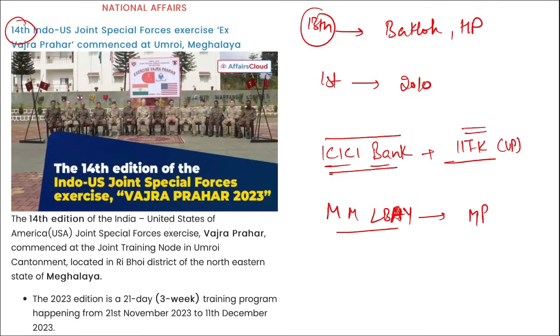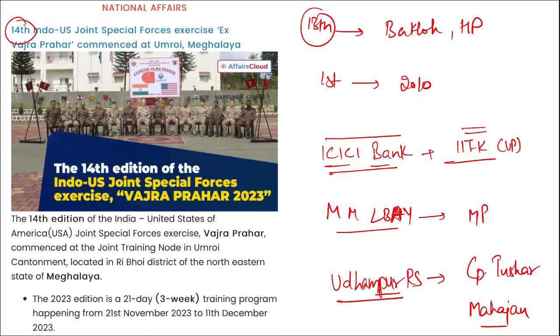It was launched by Madhya Pradesh. Then Udhampur railway station, this was renamed after whom? Udhampur railway station was renamed after Captain Tushar Mahajan.